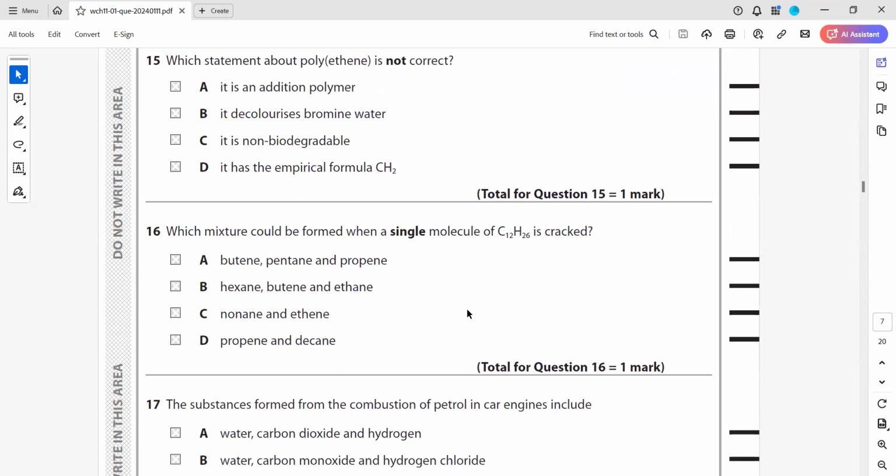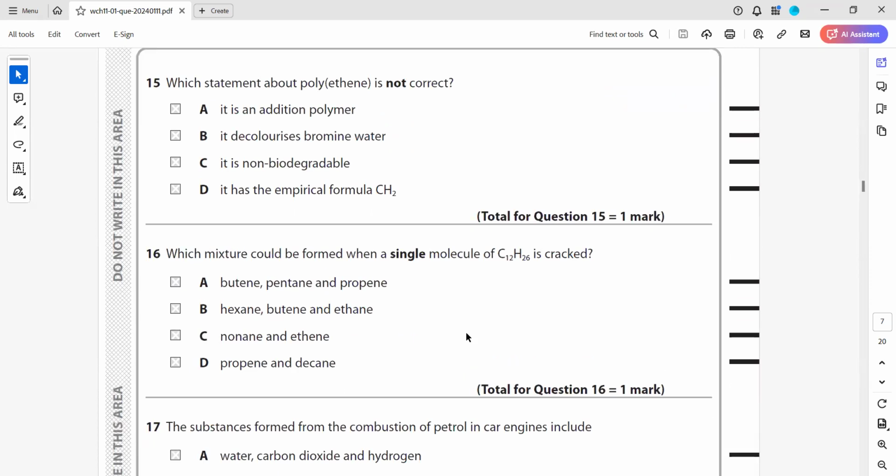Which statement about polyethylene is not correct? It is an addition polymer.